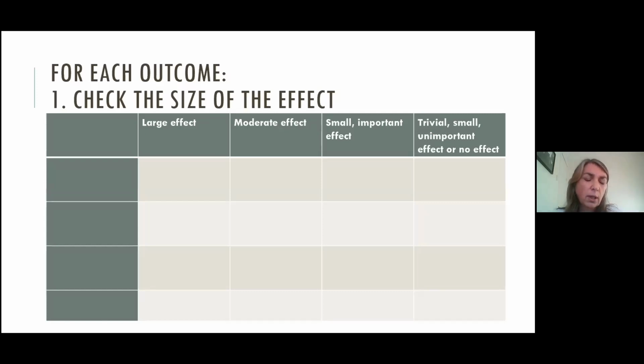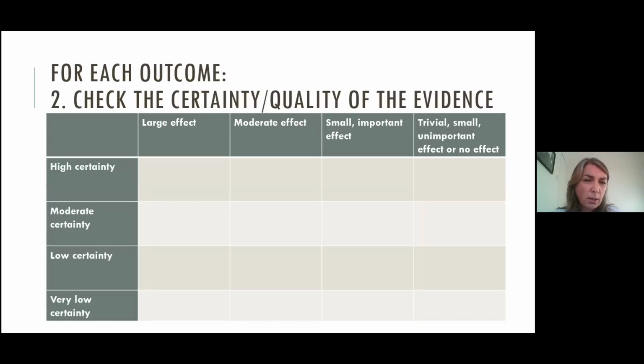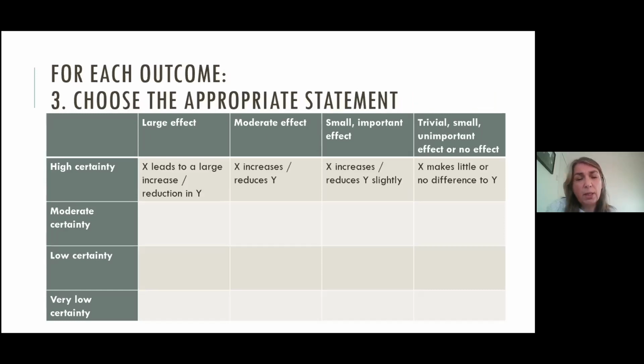When you reach a decision on that, you then look at the certainty of the evidence. Are you highly certain, moderately, low, very low certainty? Now, if you have high certainty, it's quite easy. If there's a large effect, you simply say that the intervention leads to a large increase in the outcome or reduction.